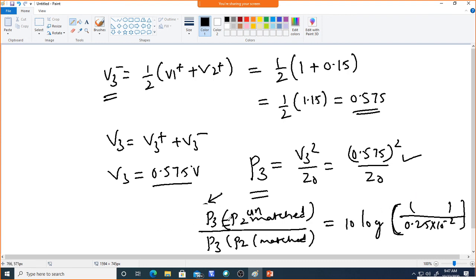So this is the ratio, the power which is delivered at port 3 when port 2 is unmatched and when port 2 is matched. So this unmatched case with gamma equal to 0.3, this is the value, and for the matched case which we have found out, that is 0.25 divided by 100.